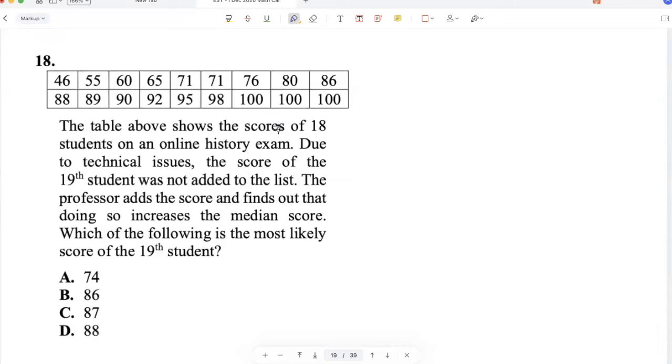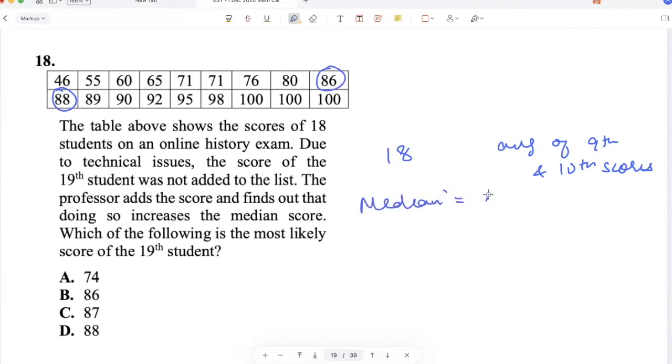Okay, so for 18 students, the median would be the average of the ninth and the 10th scores, right? So these are in ascending order. So 1, 2, 3, 4, 5, 6, 7, 8, 9, and 10, right? So the initial median was 87, right?